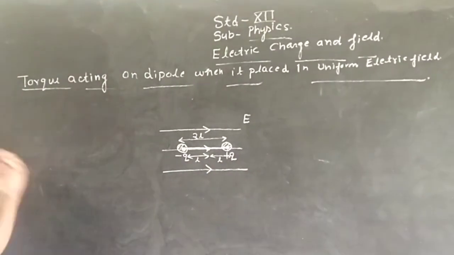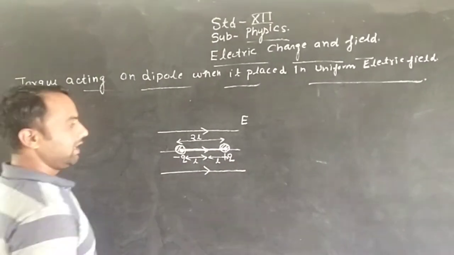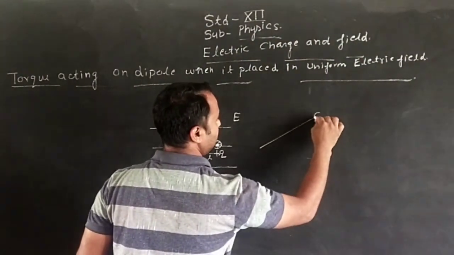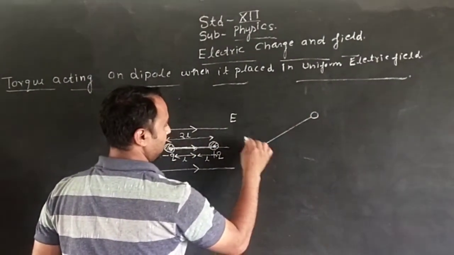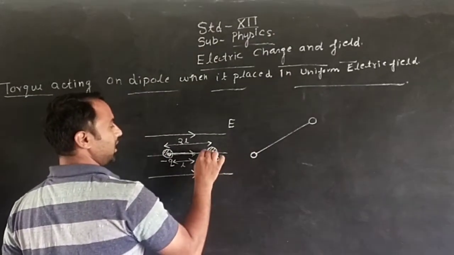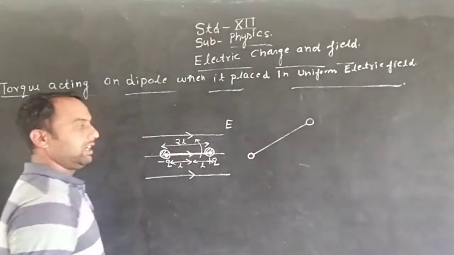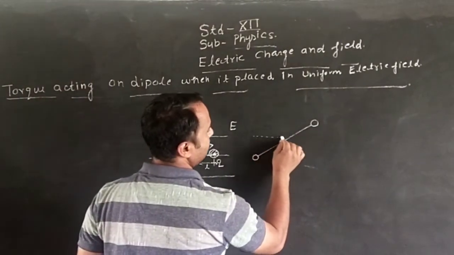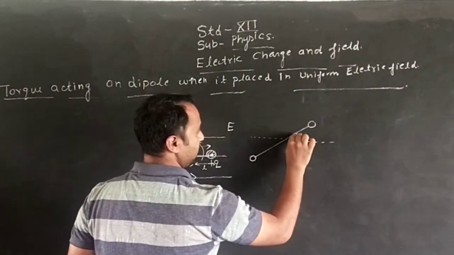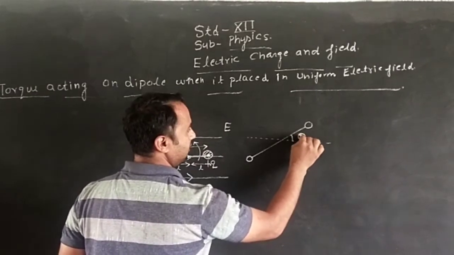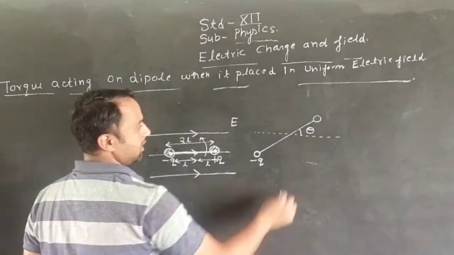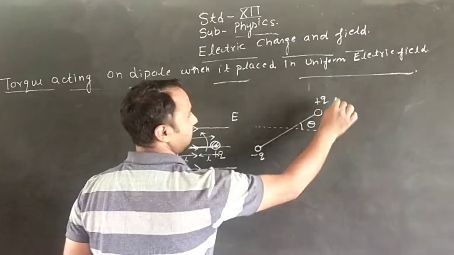When this dipole is disturbed at an angle of theta, when it is tilted at a small angle, when it is rotated at an angle of theta, this is the final location. This is the minus Q charge, and this is the plus Q charge.